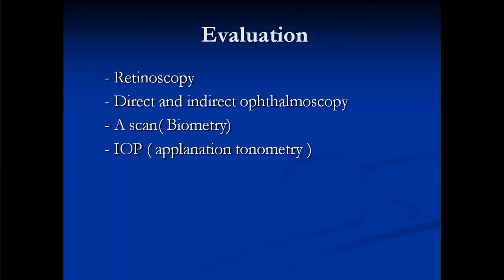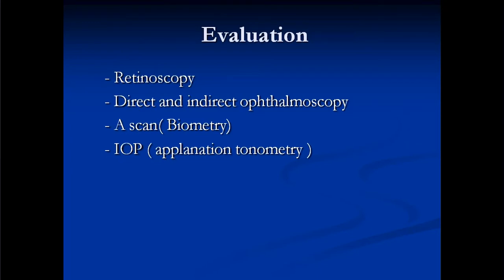Now, how do you evaluate the refractive error? We have discussed till now the refractive error of myopia. There, as I told you, the definition, then etiology, symptoms, findings. So if we want to summarize, the definition is a refractive error wherein the parallel rays come to a point focus in front of the retina when the eyeball is at rest.